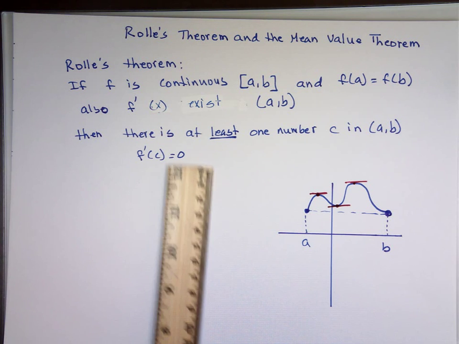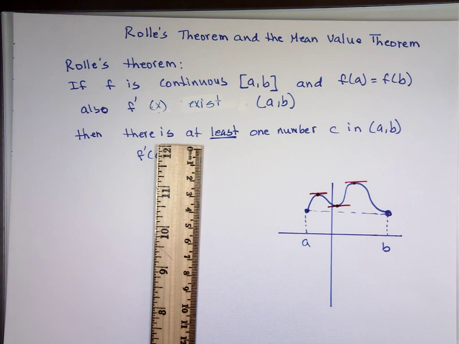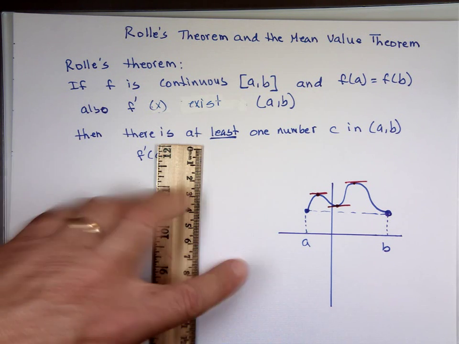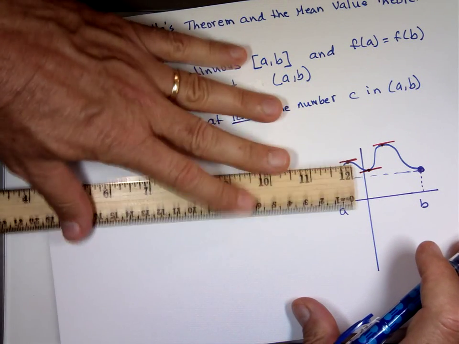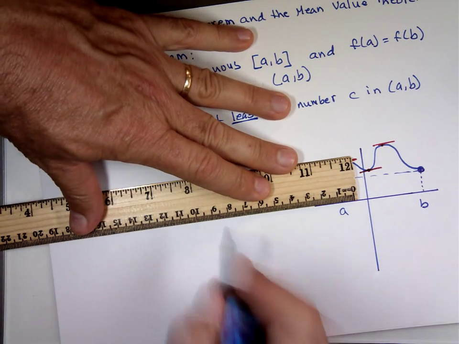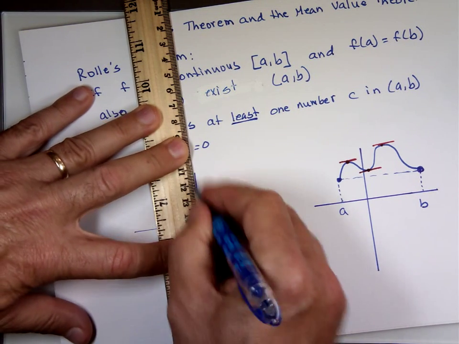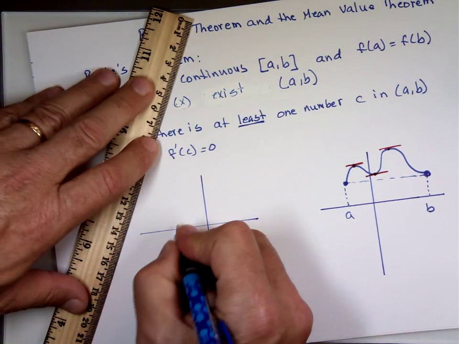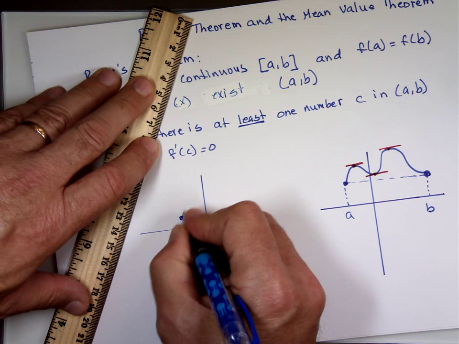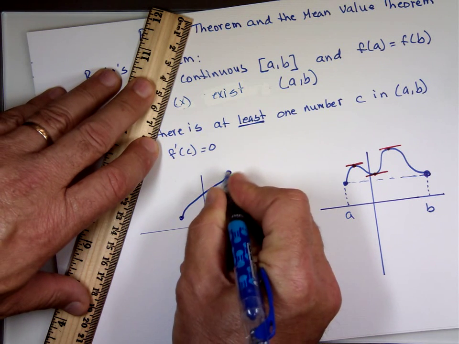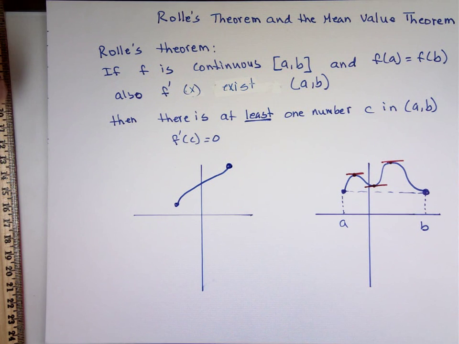Now, if my function looks like this, I'll do color cases. This does not fit Rolle's theorem. Why?